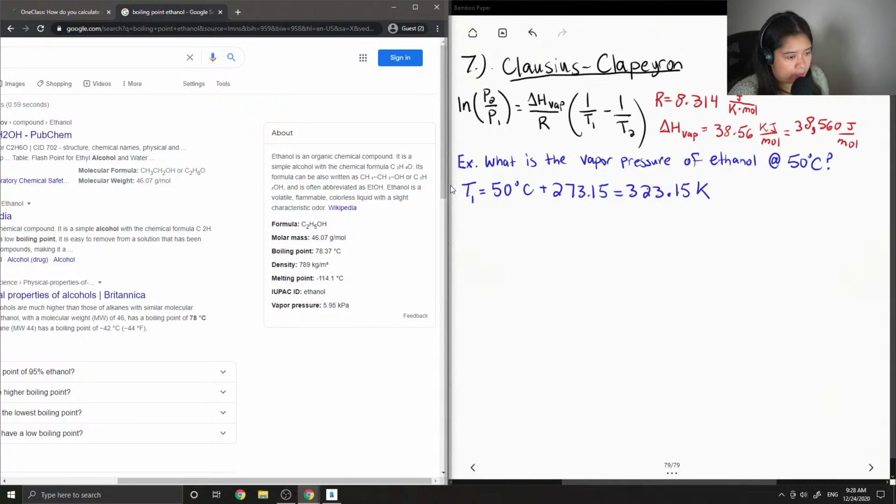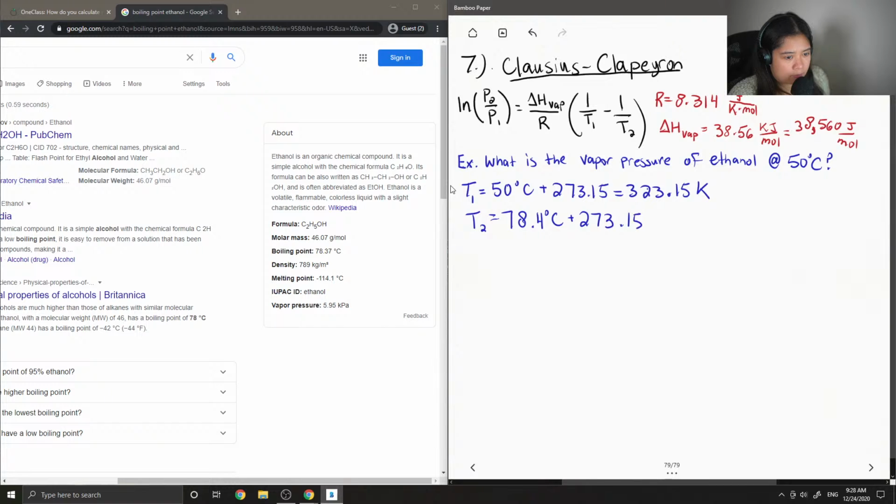It's around 78.4, and we also want to convert this to Kelvin, which is 351.55 Kelvin.